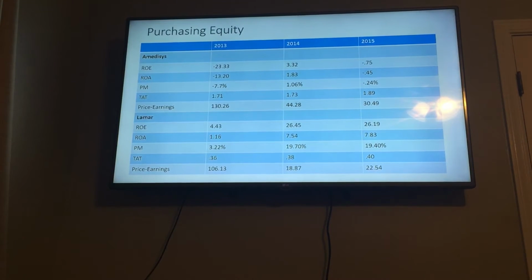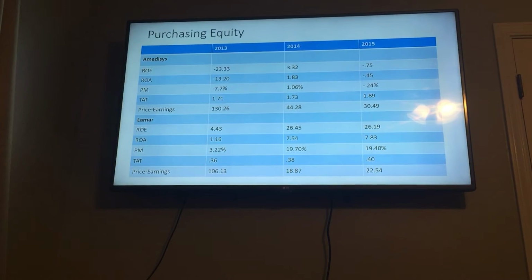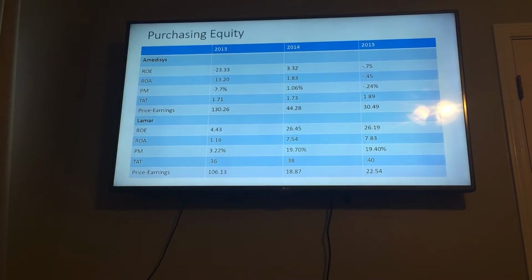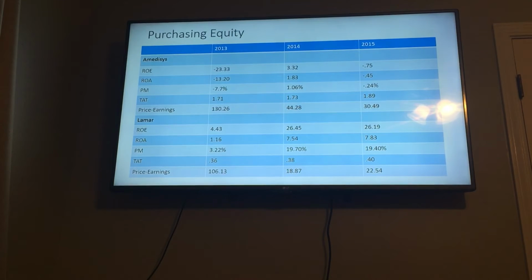And for Lamar, you see that the ROE starts out slightly low at 4.43, which really isn't all that bad, but you see in 2014 it rises all the way up to 26.45, which is a great change.